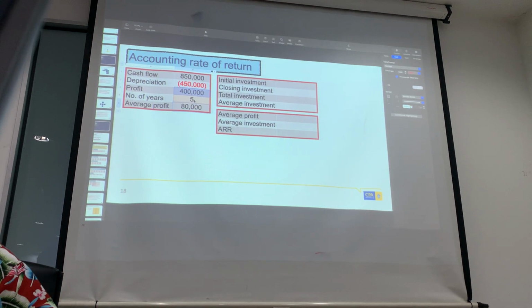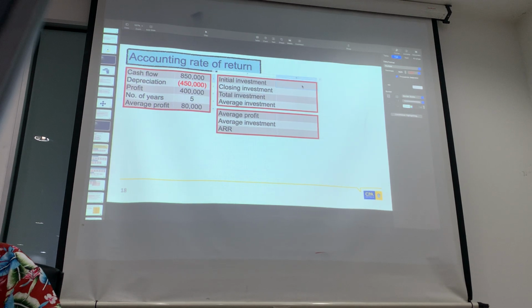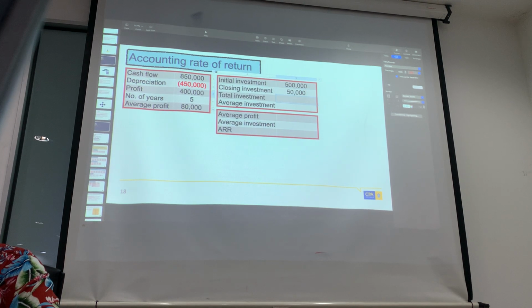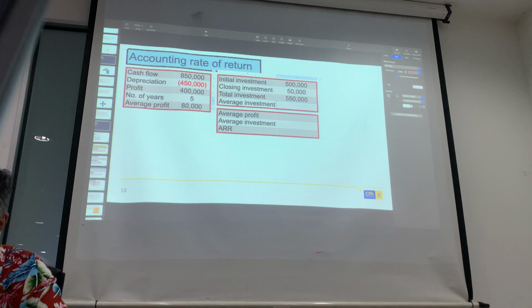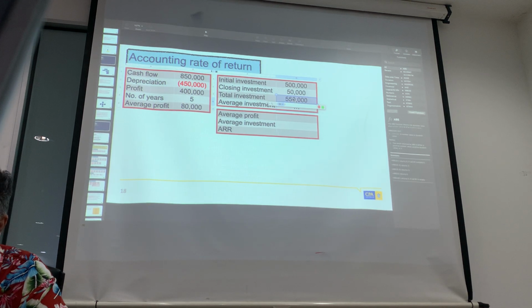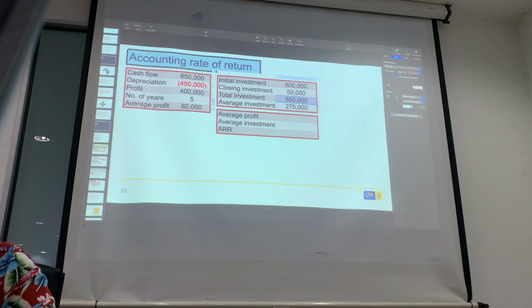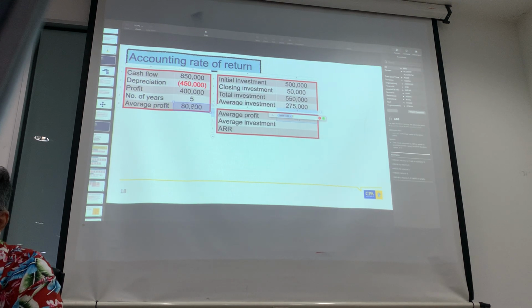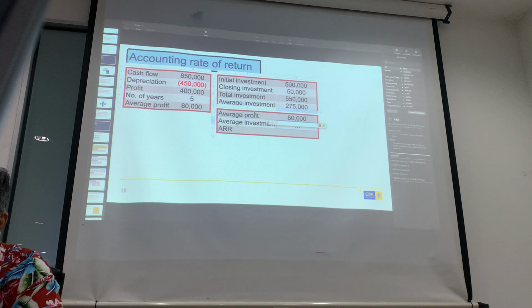For this one, always divide by 2, always divide by 2, because of opening and closing. Opening plus closing, average is the difference between these two, correct? So average profit is 80. Average investment is 275.